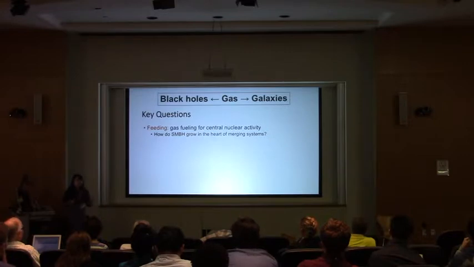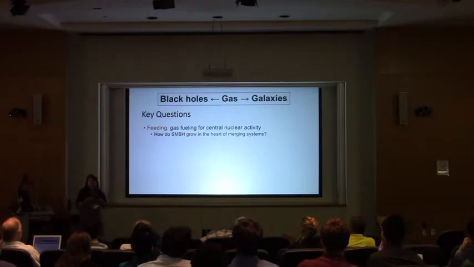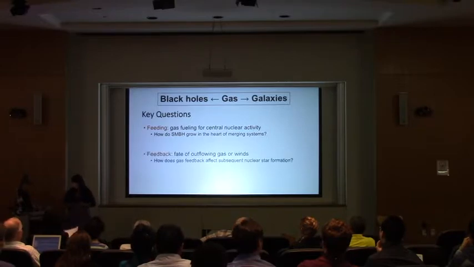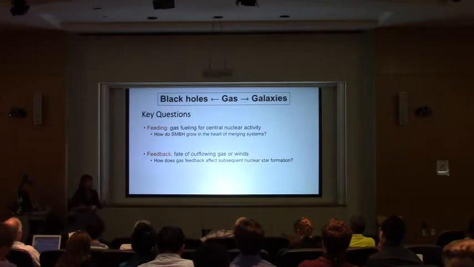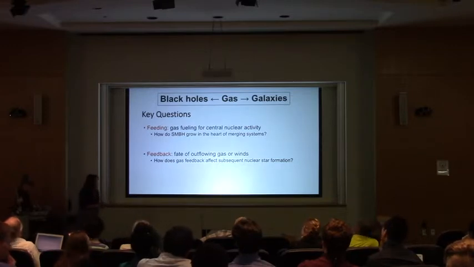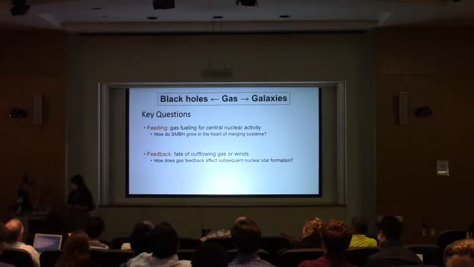Like, there are questions in terms of how supermassive black holes grow, how quickly do they grow, when is the mass accumulated, that we don't know for sure, and how big do they get before they coalesce. And on the other hand, when the gas is being injected back into the ISM, where it actually ends up on small scales is going to be important in affecting how we think about star formation and the merger's role in all this.